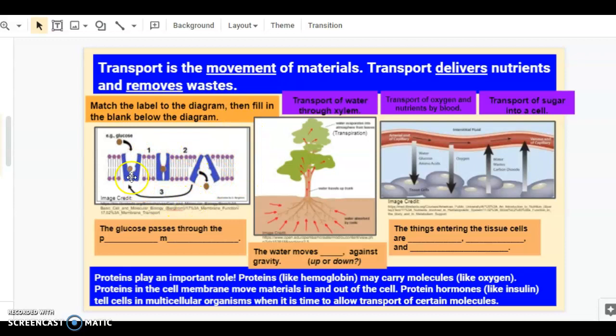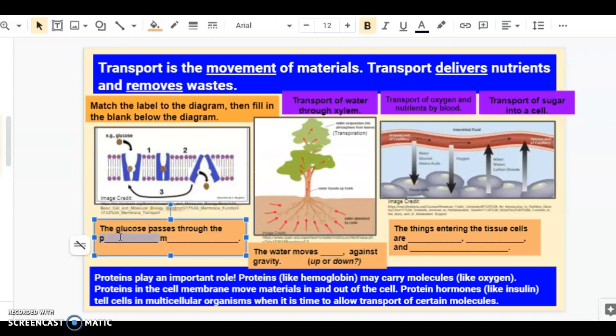In our first example here, we have a picture of the plasma membrane. And glucose is moving through this membrane using a protein in the membrane. The plasma membrane surrounds the cell. So this process where the glucose passes through the plasma membrane allows the cell access to glucose, which is a nutrient it needs.